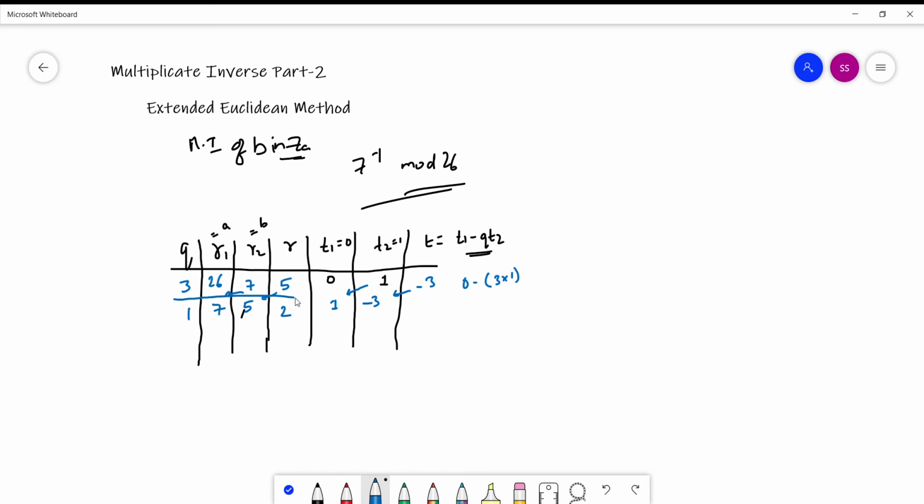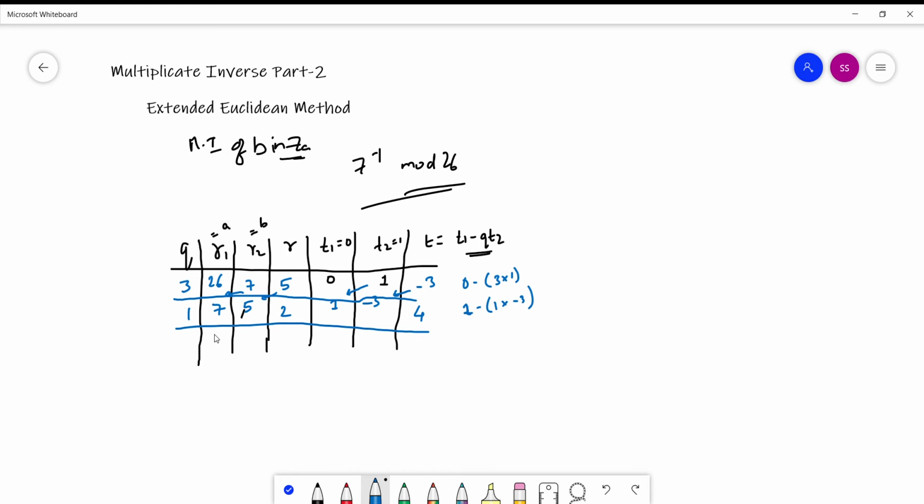Let me draw a line here. For T, T1 is 1, Q is 1 and T2 is minus 3, so this will give you 4.